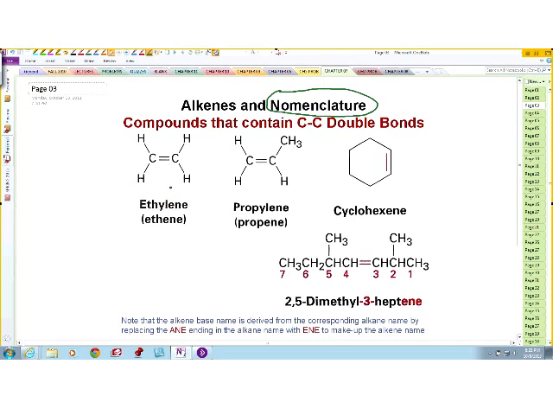Okay, this molecule here with only 2 carbon atoms is the simplest alkene. Of course, the name ethylene is a common name that has been accepted by IUPAC as an accepted name.